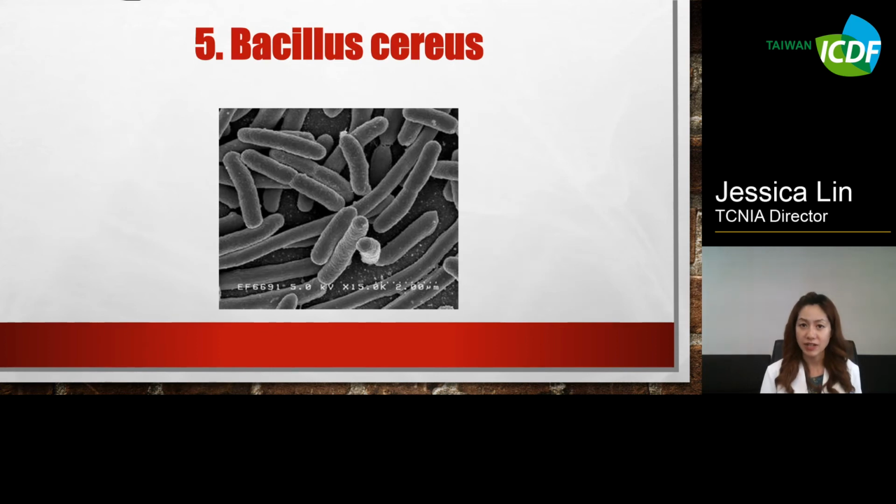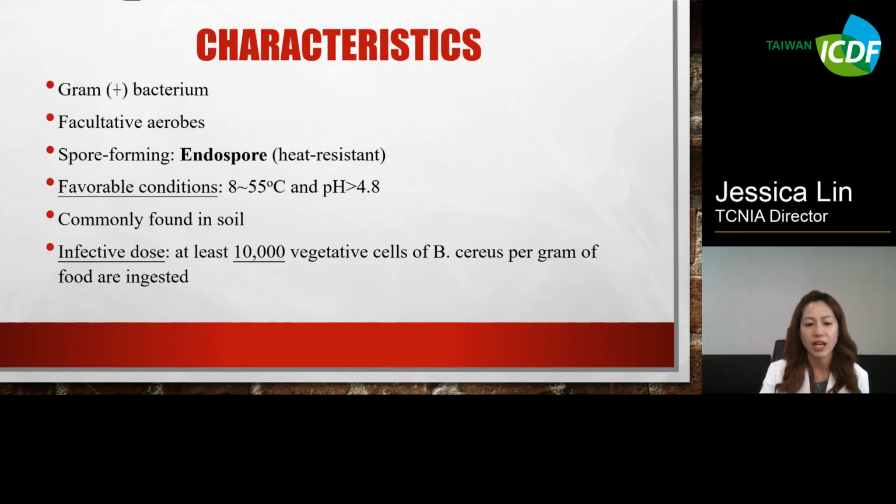The next bacterium I'm going to introduce to you is Bacillus cereus. As you can see in this photo, they are rod-shaped bacteria. It is a gram-positive bacterium. It is a facultative aerobe, so this time they actually like oxygen.